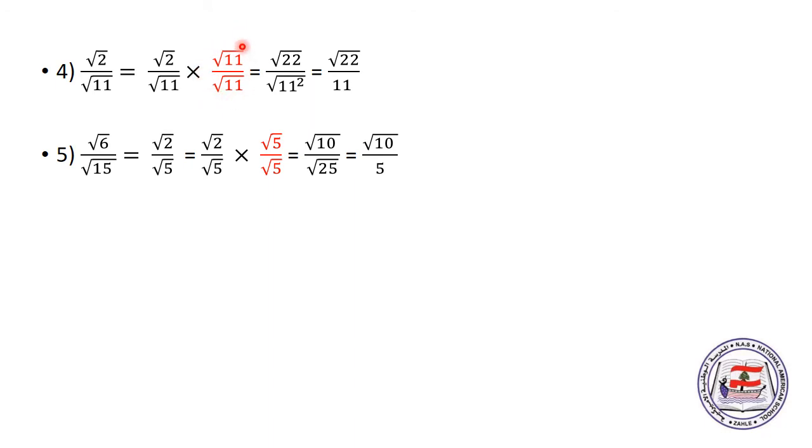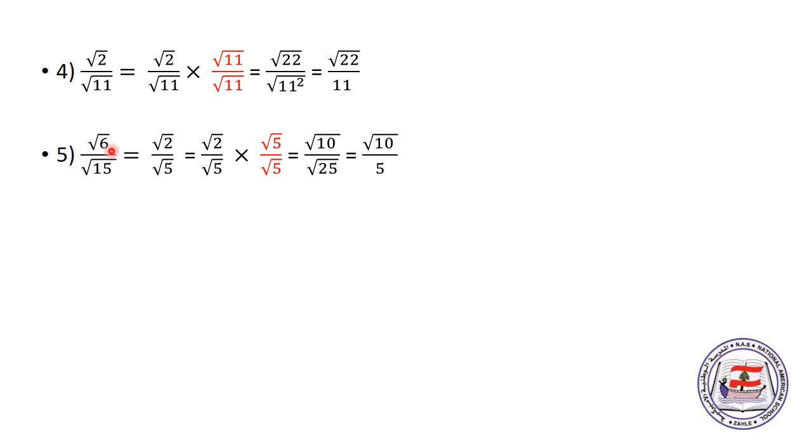So we get radical 22 over radical 11 squared, or you can write it as 121. If you write it as 121, it's the perfect square of 11, so it gives you 11. Or if you write it as 11 to the power 2, radical of 11 squared gives 11. And the final reduced form is radical 22 over 11.